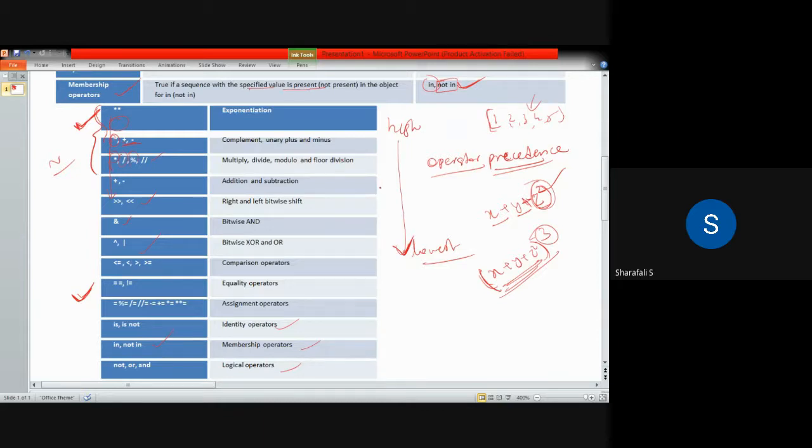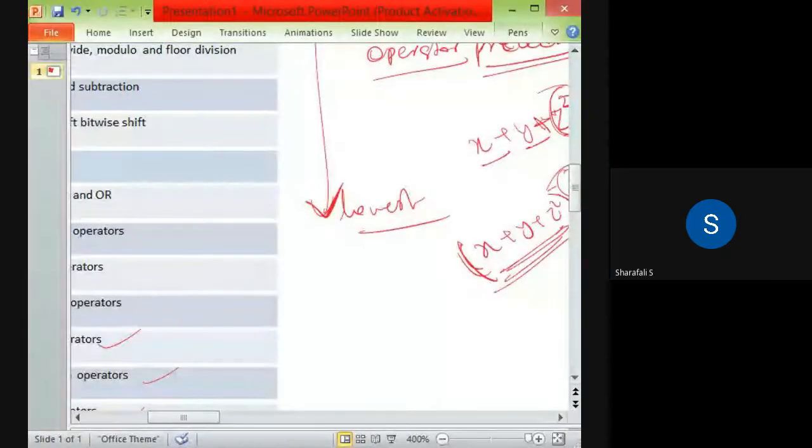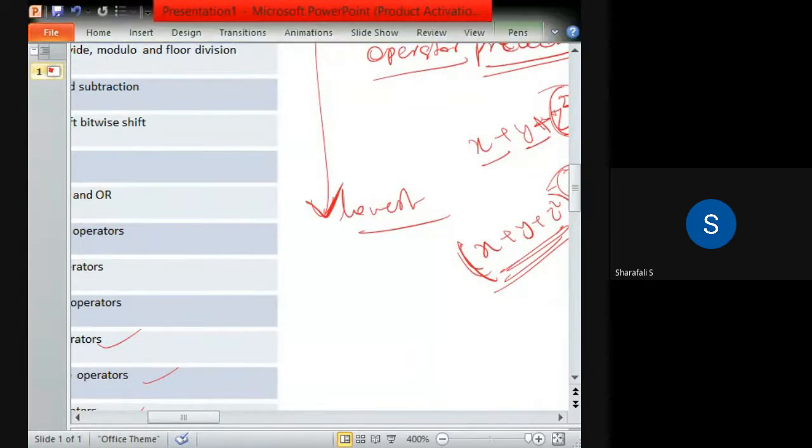Now we will go to the program section, and I will discuss some of the important operations that we will do in Python, so that you can understand them much more clearly. I will open IDLE first.